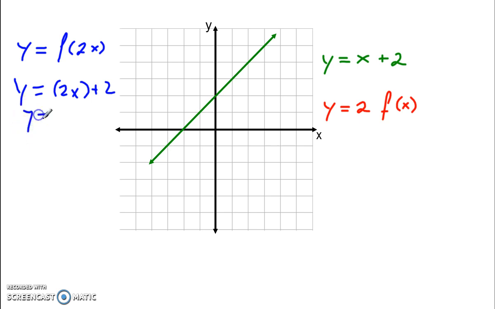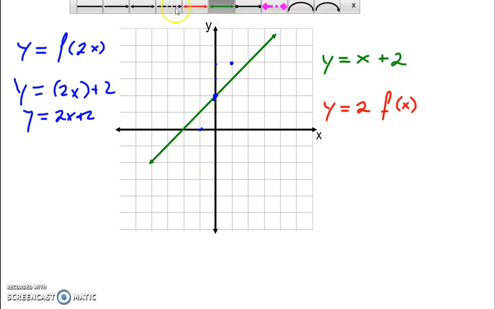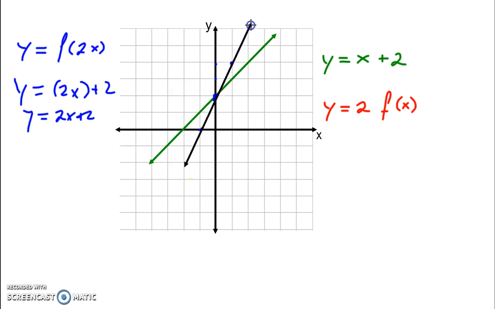So that is y equals 2x plus 2. Then I still have a y-intercept of 2, but I go up 2 over 1. So now my slope is steeper, and the graph of that looks like this.